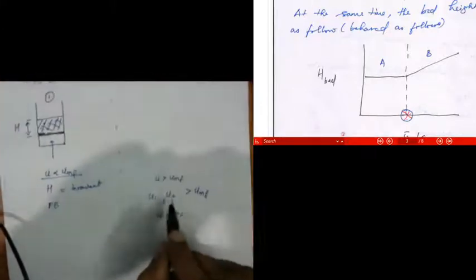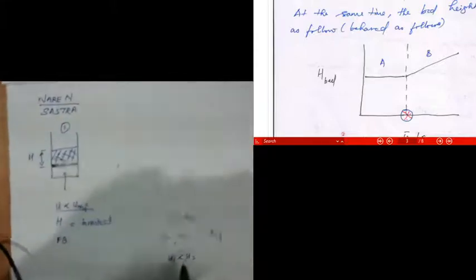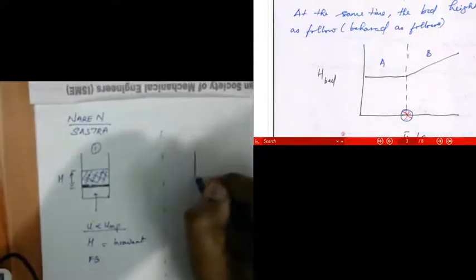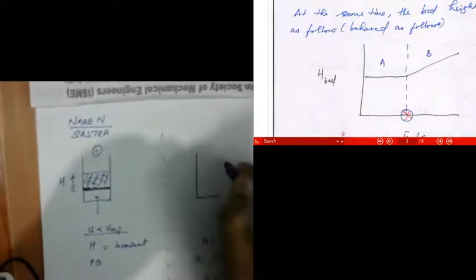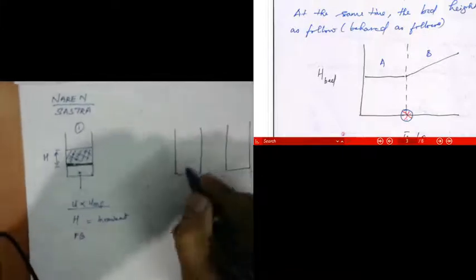Both of these velocities are beyond the transition point, and U1 is slightly lesser than U2. And what will happen is you have the same bed. This is at the U1 state, and this is at the U2 state.